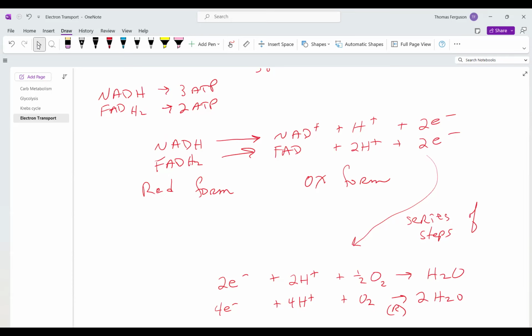The NADH, when it's oxidized, goes to NAD plus, H plus, and 2 electrons. Something similar for FADH2, it produces FAD, 2 hydrogen ions and 2 electrons.